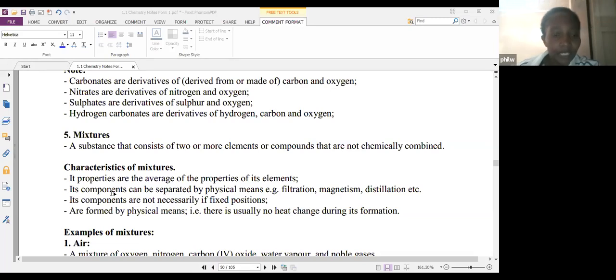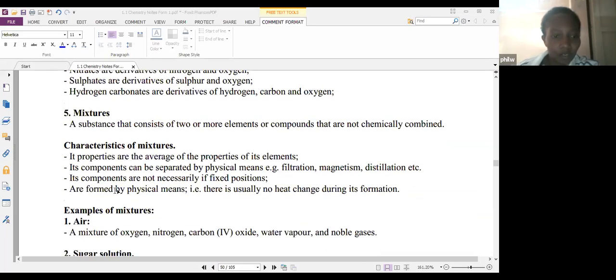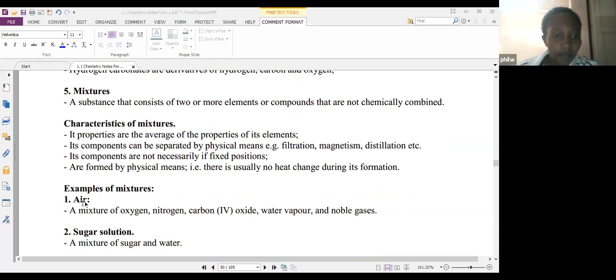Let's look at examples of mixtures. One is air. Air is an example of a mixture. Why? Because in air we have oxygen, we have nitrogen, there is carbon dioxide, there is water vapor, and there are the noble gases. Therefore, air is an example of a mixture. It contains two or more elements or compounds that are not chemically combined.